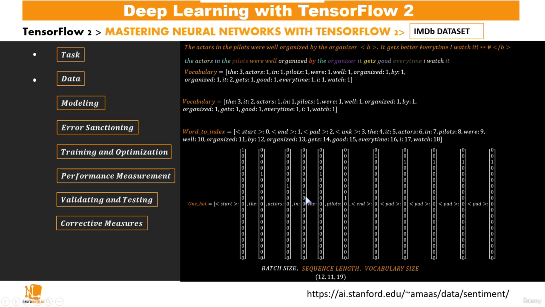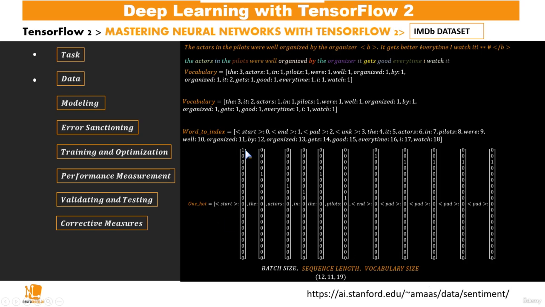If we choose, for example, the word in, it is position 7. Since in is position 7, instead of having this one hot notation, we just have the value 7. Hence the matrix formed is of dimension batch size by sequence length. Now we're going to see how to convert that matrix into one of 3 dimensions: batch size by sequence length by vocabulary size.